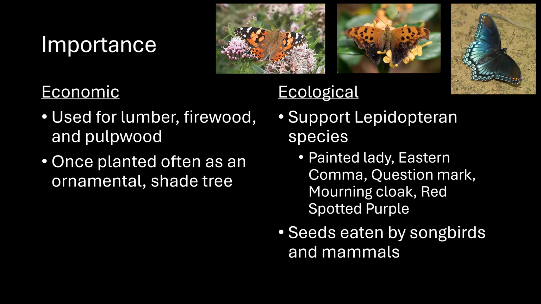But unfortunately, since the disease has occurred, we really can't recommend American elm much as an ornamental, just because you don't want to risk planting it and then it succumbing to the disease later on. So it really doesn't have that purpose necessarily anymore.